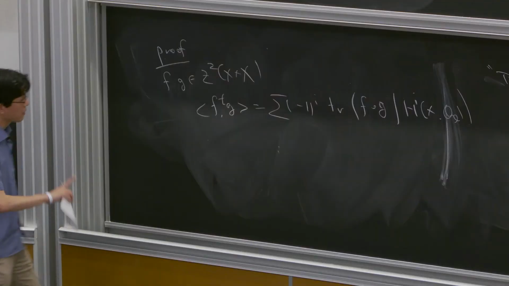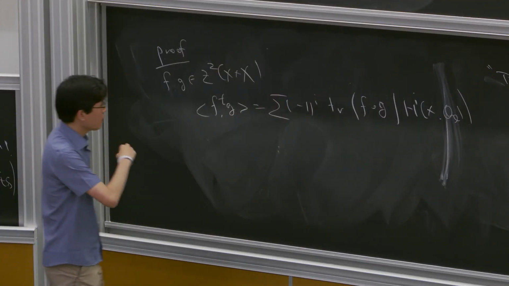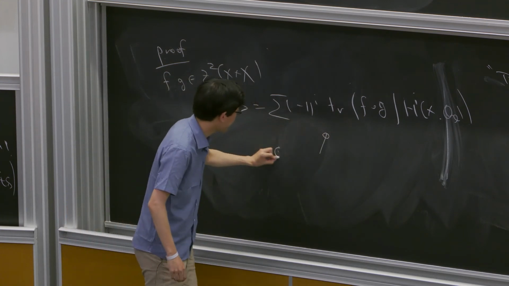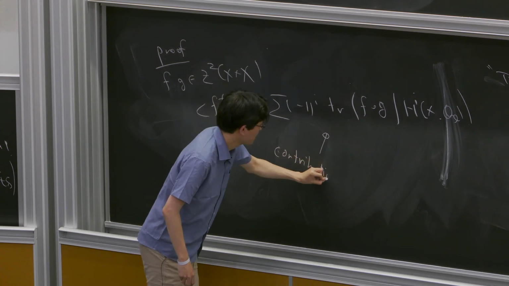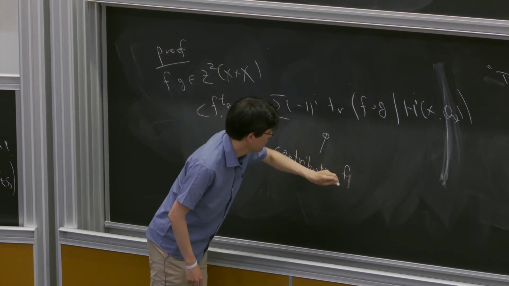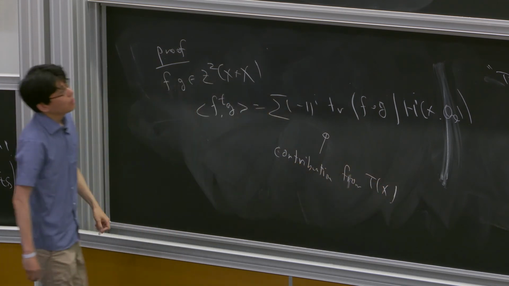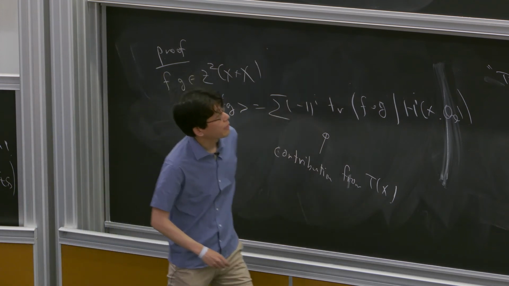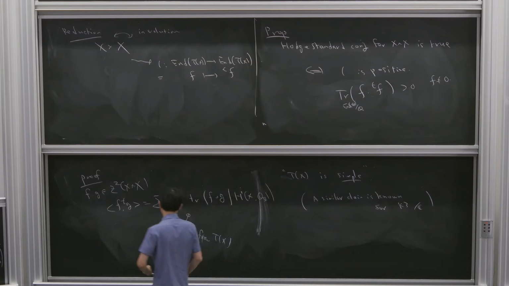So this is a standard formula. And basically, if you look at the contribution from T_X, then this trace can be written using this trace, up to a positive constant.